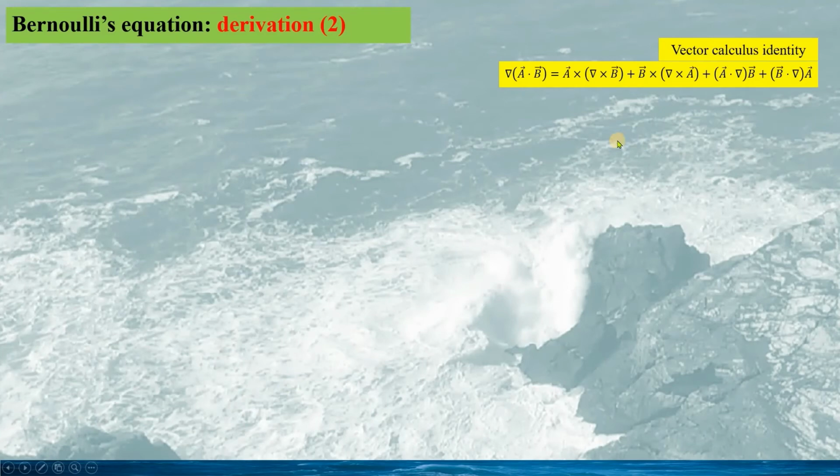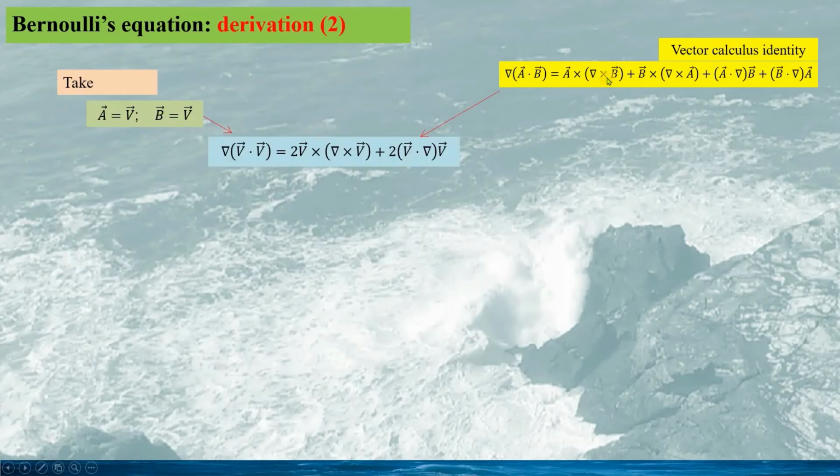There is one difficult term, the convective acceleration, but we can employ a vector calculus identity. If we take the vectors A and B the same as the velocity vector v, then the identity can be expressed in this form.